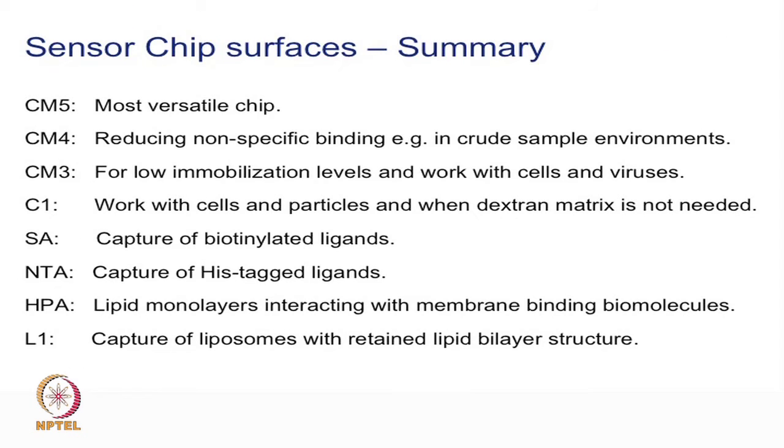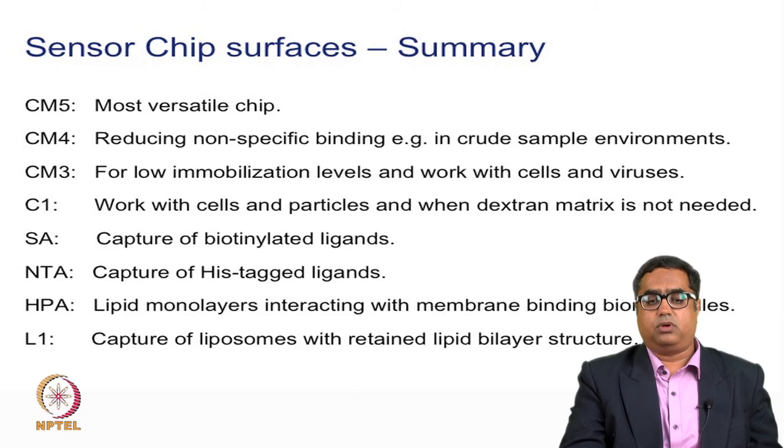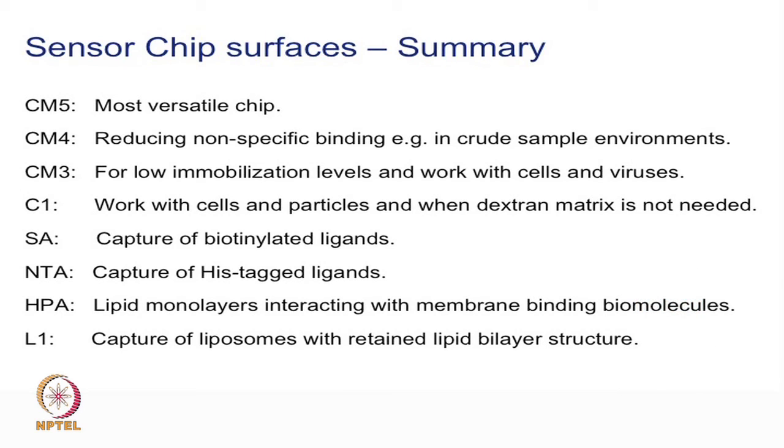The summary of the different chips as we just went through: CM5, CM4, CM3, C1, SA, NTA, HPA, L1 are the different kinds of chips that are available for studying the different interactions.